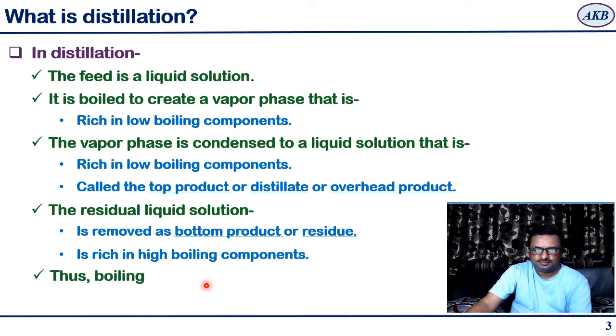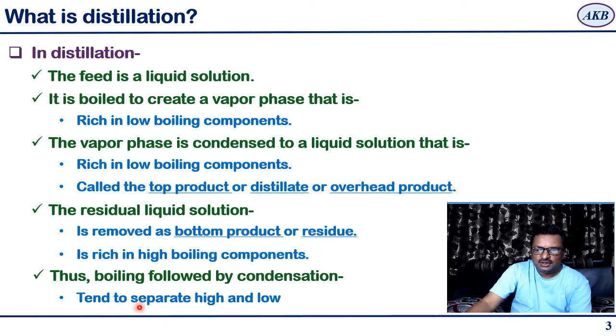Thus, boiling followed by condensation. In this operation we are first boiling the liquid solution, and then we are condensing the vapor phase. So these two operations, boiling followed by condensation, tend to separate high and low boiling components.